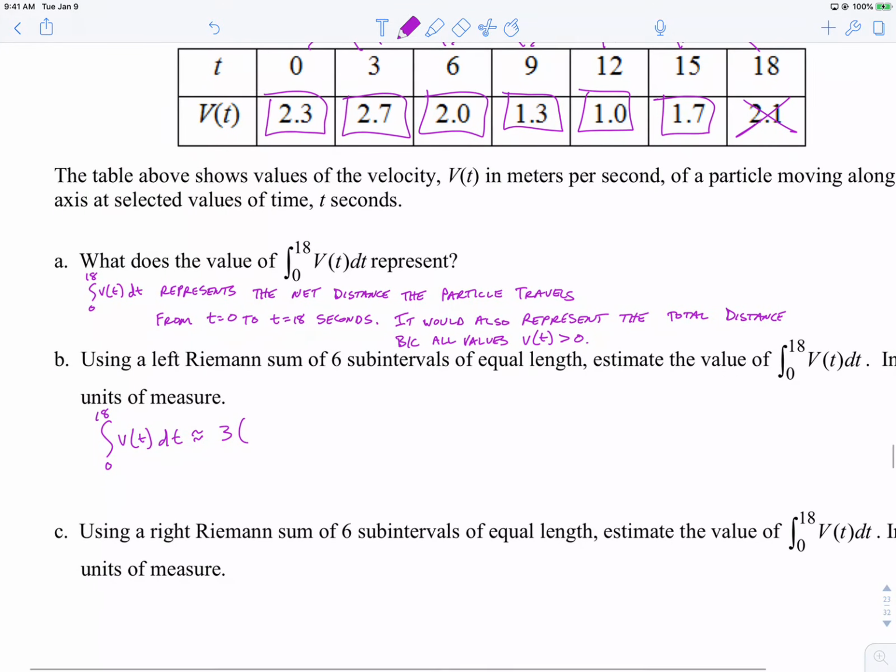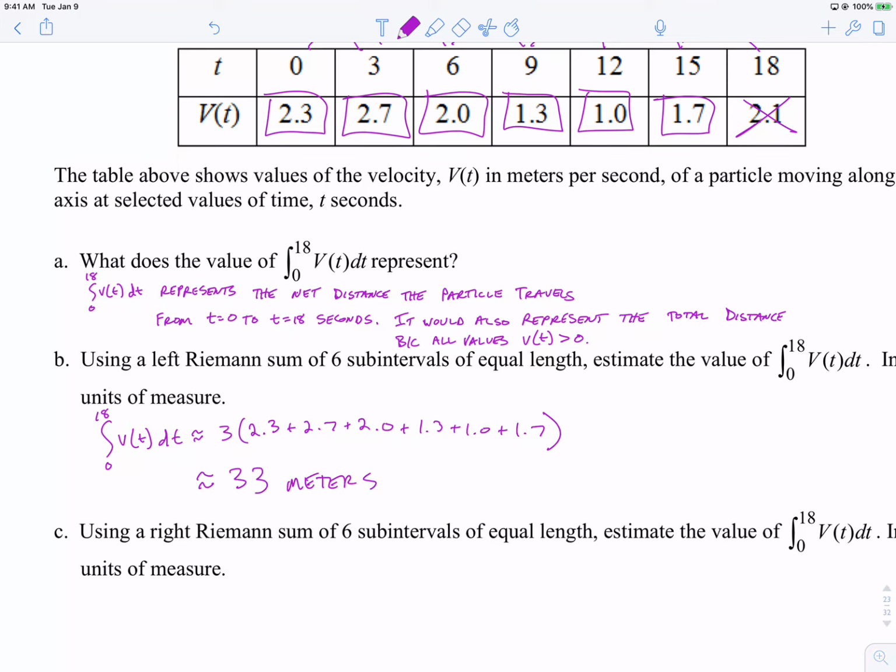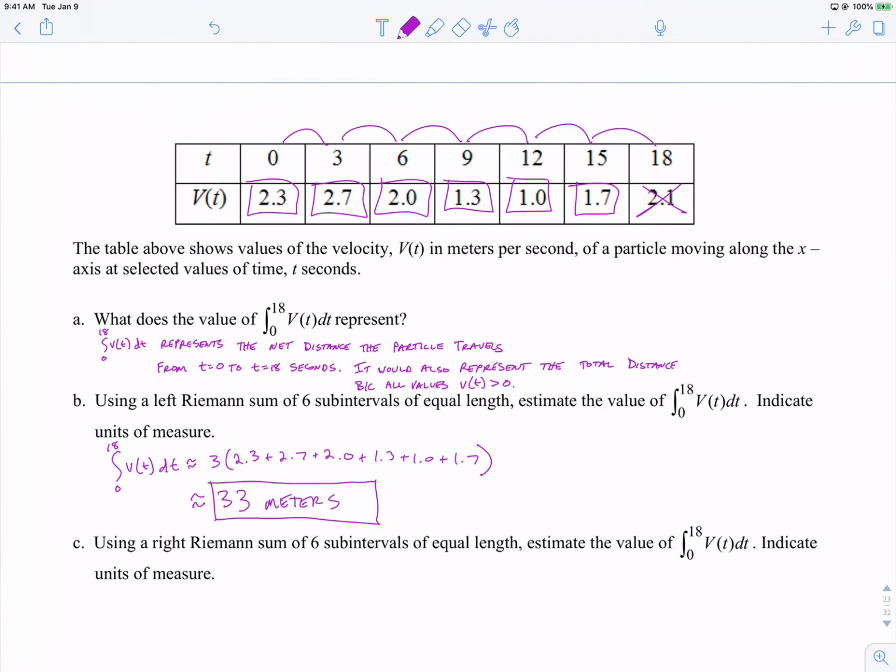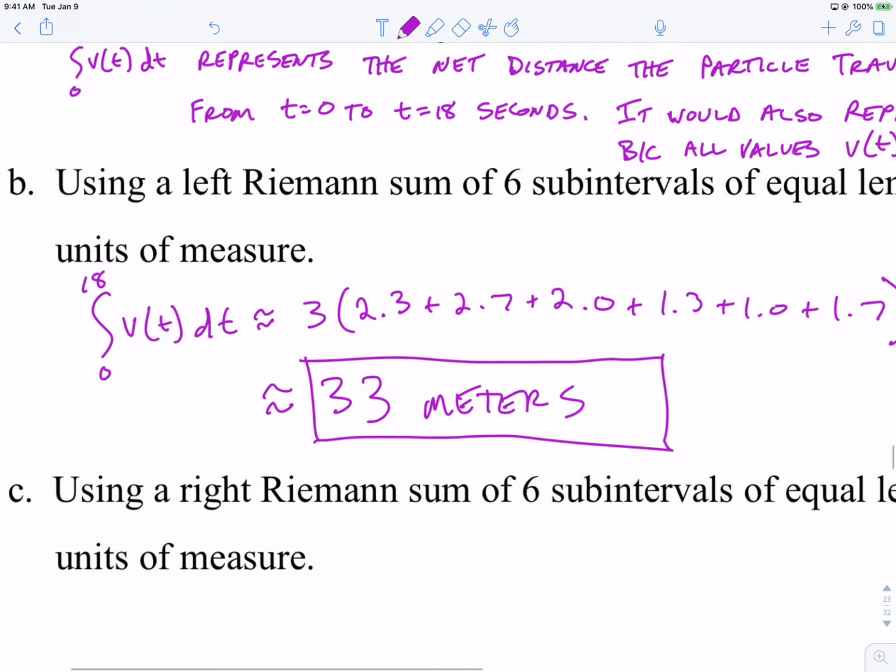So it's going to be 2.3 plus 2.7 plus 2.0 plus 1.3 plus 1.0 plus 1.7, and it's that number, which will work out to be exactly 33 meters. They wanted to use units of measure. Remember that this was in meters per second. We're integrating a rate, so when you integrate a rate, you get just the value meters.